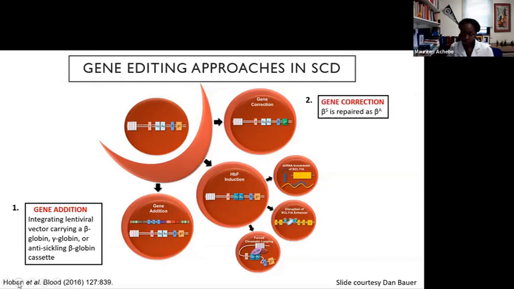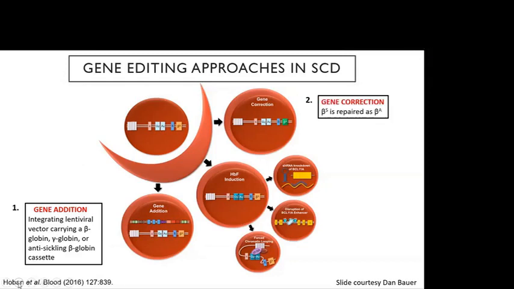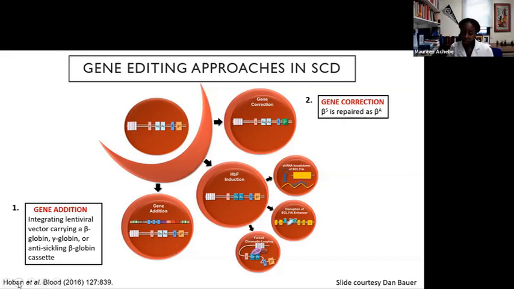Alternatively, there's gene correction, where we go and try to change or correct the sickle hemoglobin to normal hemoglobin. And then there are editing approaches that try to induce fetal hemoglobin. We've known for many decades that increasing fetal hemoglobin decreases polymerization in patients with sickle cell disease, and we try to do that in some gene therapy groups.